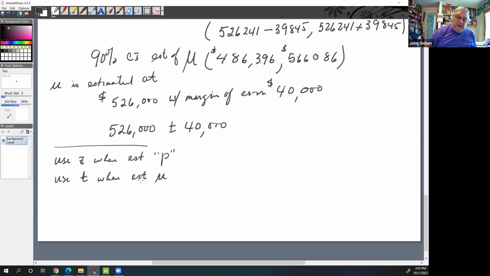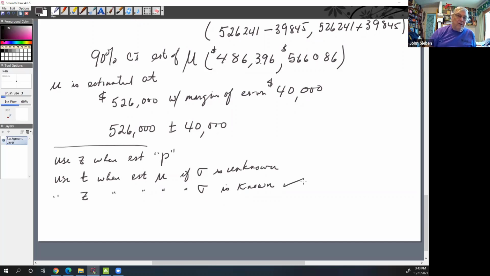You use T when estimating mu if sigma is unknown. And it would be proper to use Z when estimating mu if sigma is known. The reason I was going to hide that from you is because this never happens.